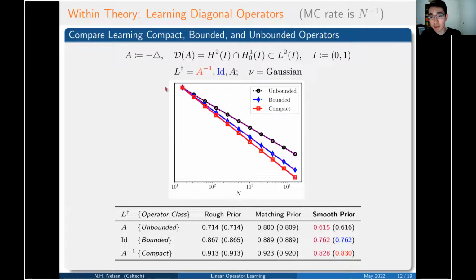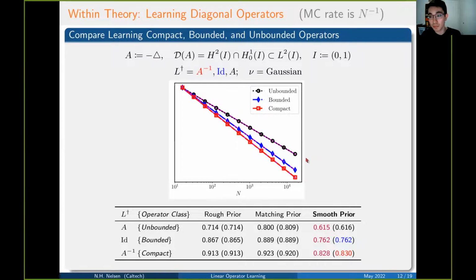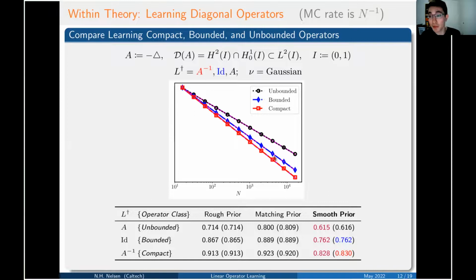You can see that as you increase the number of training pairs, the smoothing operator, the compact one, has the steepest slope, right? So it's converging faster. And as the operator becomes less and less smooth, as you become bounded and then unbounded, the convergence rate deteriorates. It gets much slower. So this is showing that it's actually easier to learn compact operators than these unbounded operators.